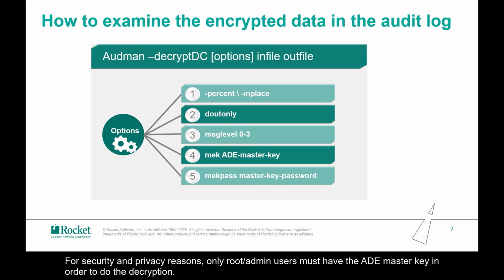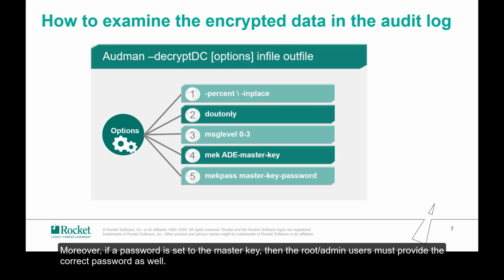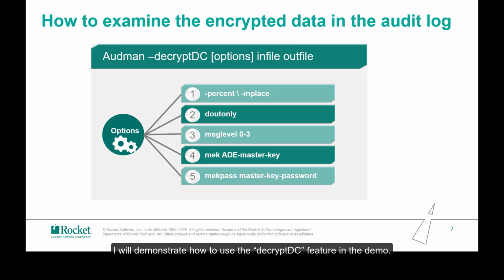For security and privacy reasons, only root admin users who have the ADE master key can do the decryption. Moreover, if a password is set to the master key, then the root admin users must provide the correct password as well. I will demonstrate how to use the Decrypt PC feature in the demo.